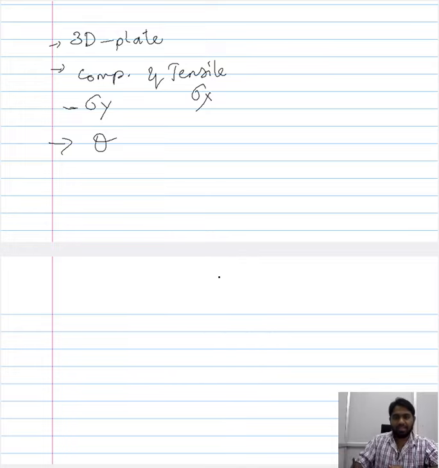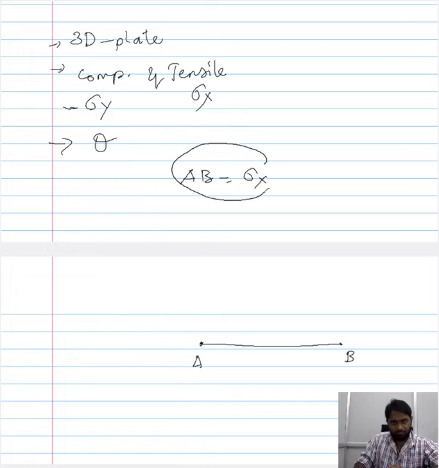Now we began our previous representation by considering a point A, and AB represented the magnitude of stress along the x direction. Similarly AB here represents the same. Now let us have a point AC that represents the magnitude of stress along the y direction.